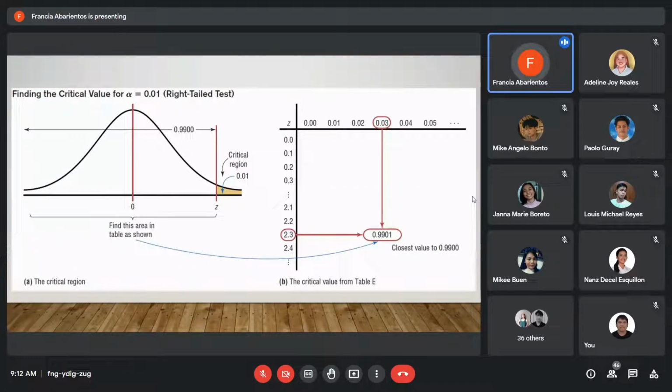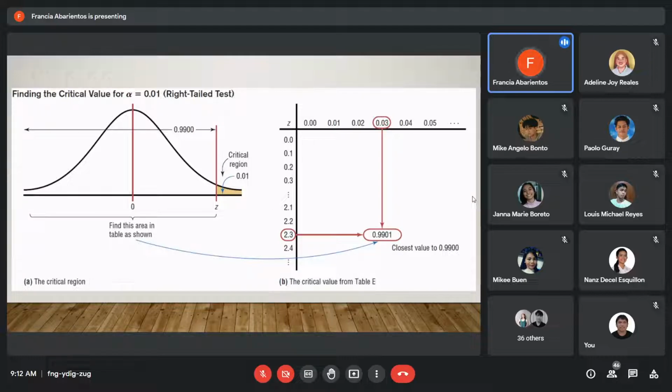Balikan lang natin. In finding the critical value for a given significance level of 0.01, given sa atin, right tail test. Okay. Ano yung kukunin mo? So, take note, yung critical region natin is 0.01. So, the shaded portion of the distribution, the total area is 1.